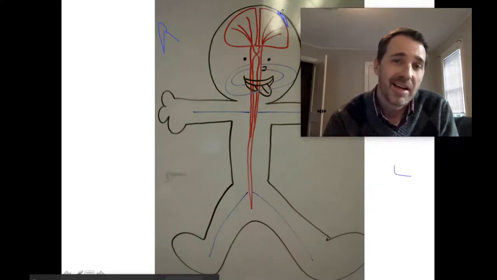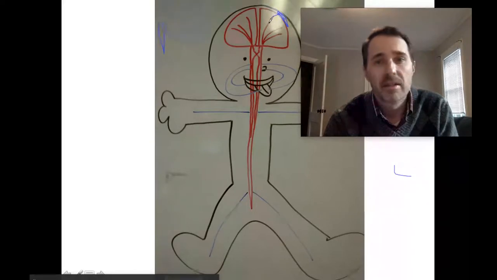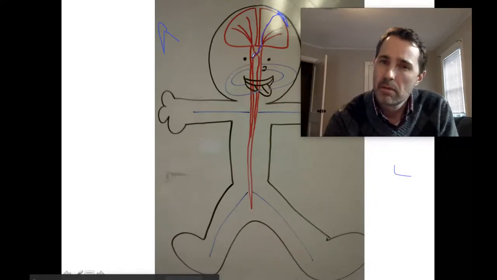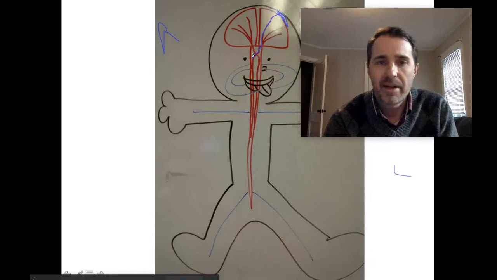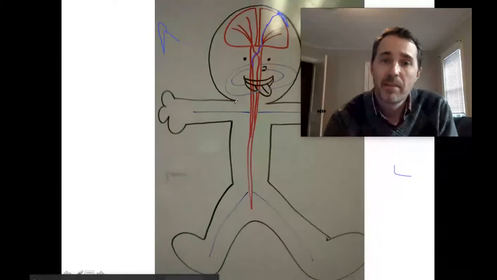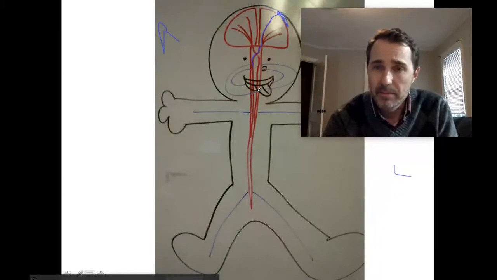So the left side of my motor strip is going to send a motor plan down along my upper motor neuron, and then it is going to decussate to the right side of my body at the medulla, and then it's going to come down a little bit more, still within my brainstem. And at this point, that motor plan has to get from my brainstem out to my tongue.